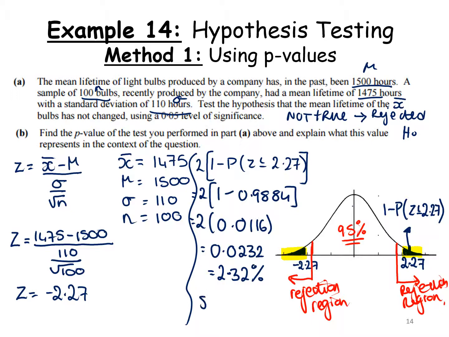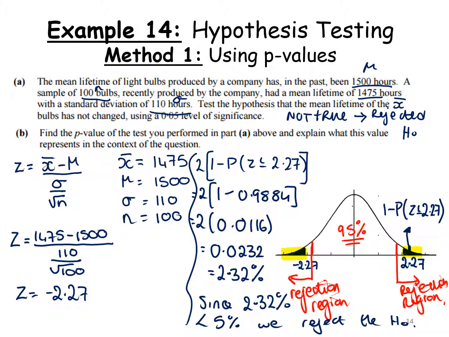So since 2.32% is less than 5%, we reject the null hypothesis, H0. And thinking back to the previous part, we already said that we rejected the null hypothesis in part A. So that one matches.